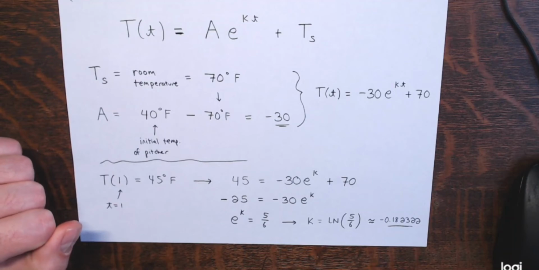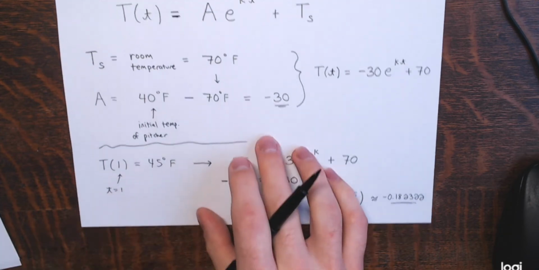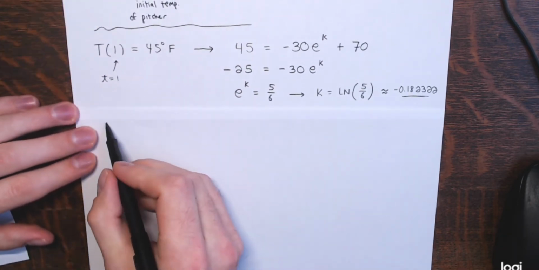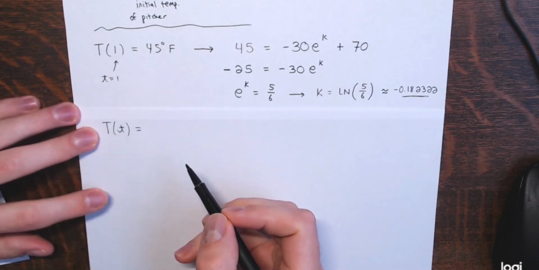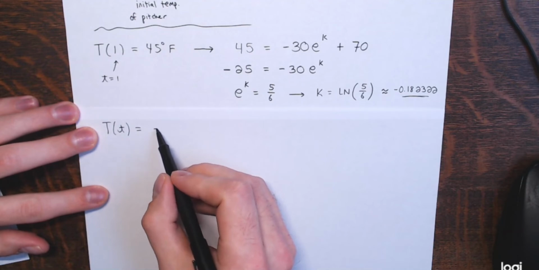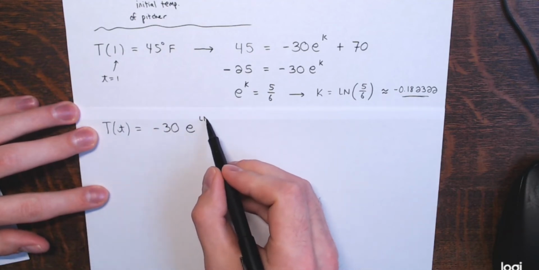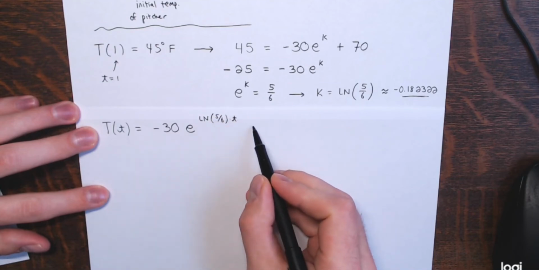Alright, so I pop this into the model, and again, I'll write out the different versions of the model that you could use. So we could have T of t, right, the temperature of the pitcher, is negative 30 times e to the natural log of 5 sixths times t power, and then plus 70.